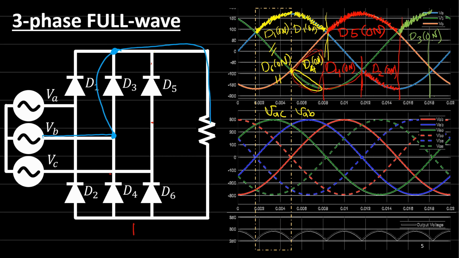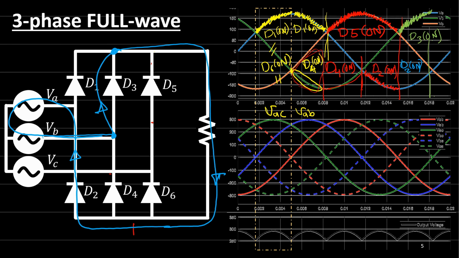The current is flowing this way and will go. Diode 2 is on, so it will go like this. So here diode 2 is on. So this is the fifth case.